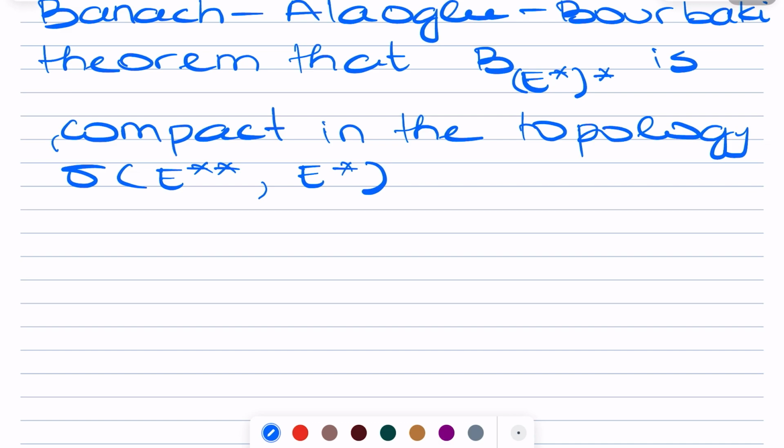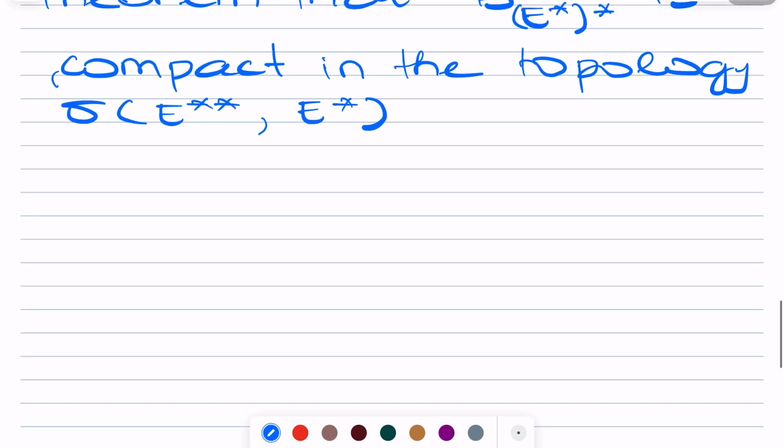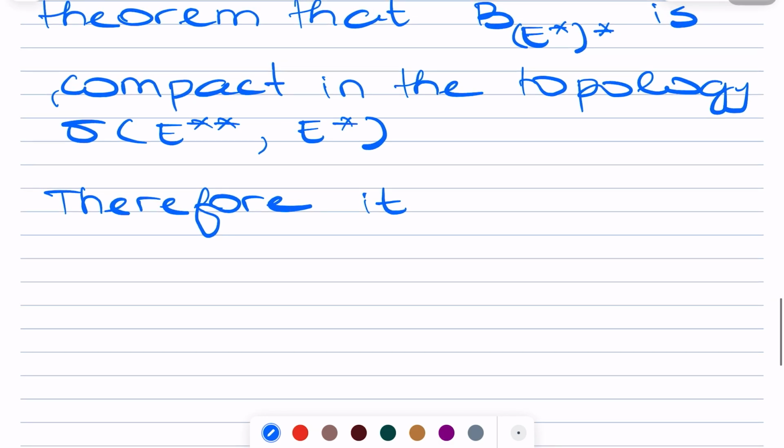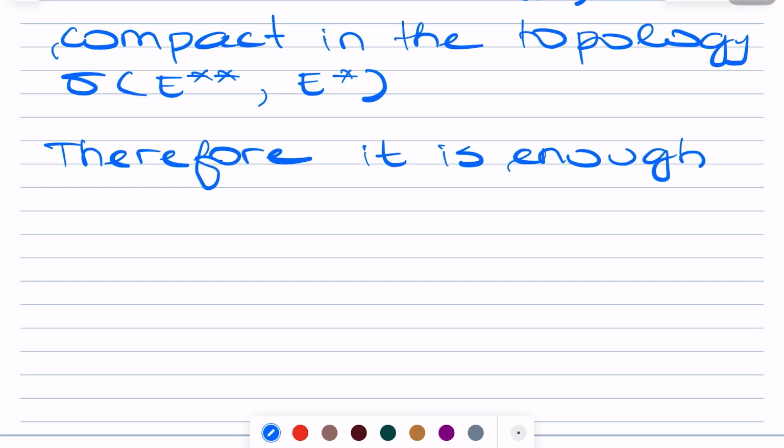So therefore, it is enough for us to check that the inverse of the canonical embedding is actually continuous.